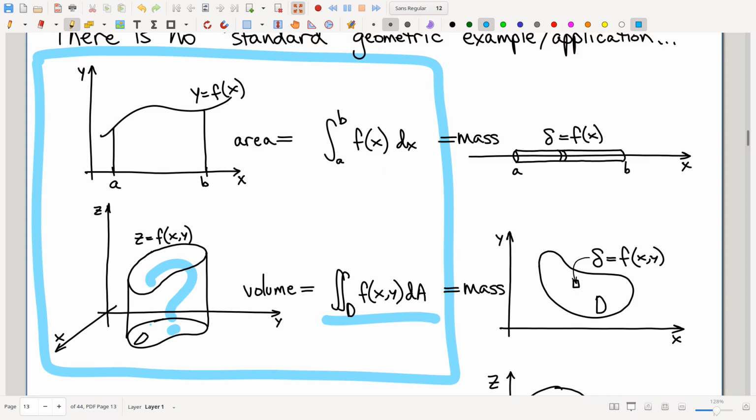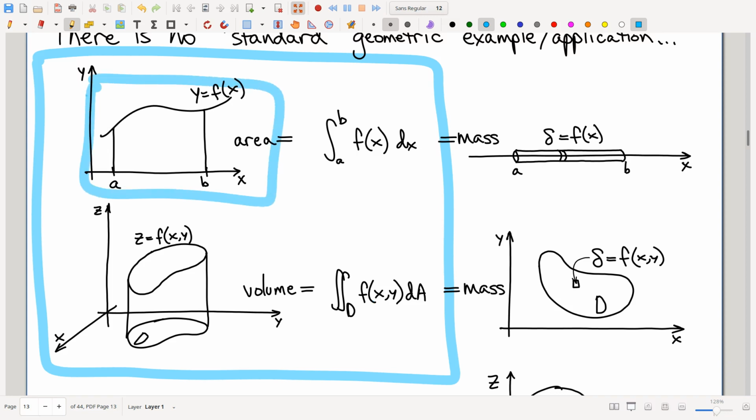And I'll remind you, in actual real-world situations, it's actually quite rare to need to compute area under a curve. It comes up as a visualization tool for computing something else, right? We draw graphs and talk about the area under a curve if we're interested in computing work or probability or any of a number of other accumulating quantities.